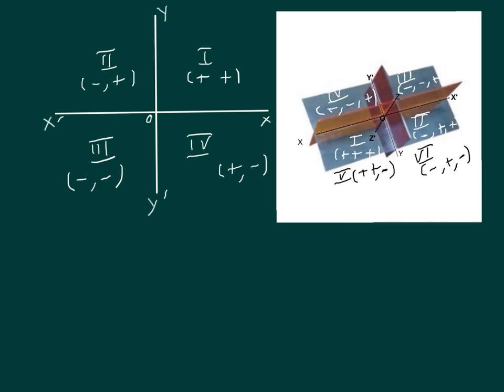Below the third one will be our seventh one, and that will have x negative, y negative, and z negative. Lastly, below the fourth one we have the eighth one, and it will have x positive, y negative, and z negative.